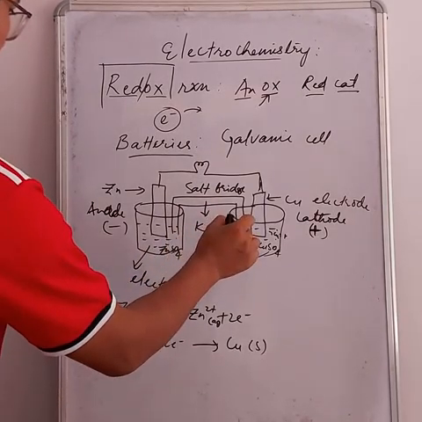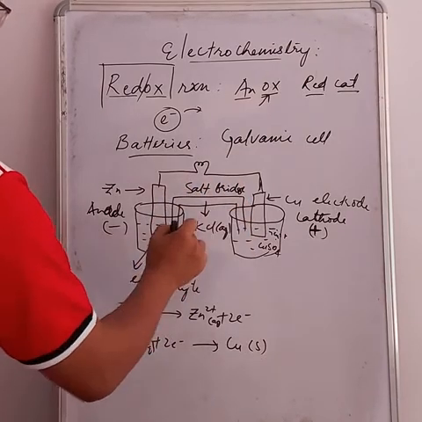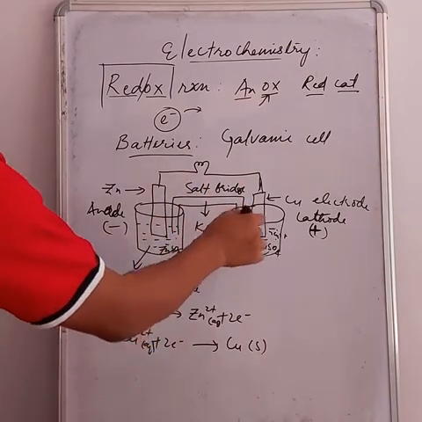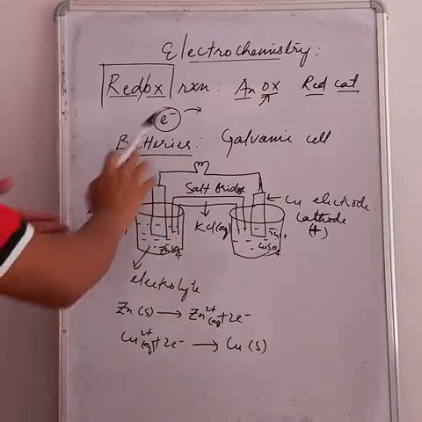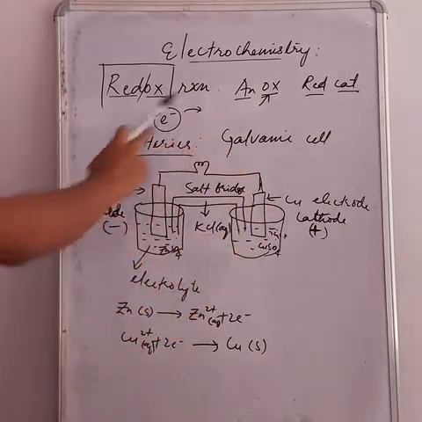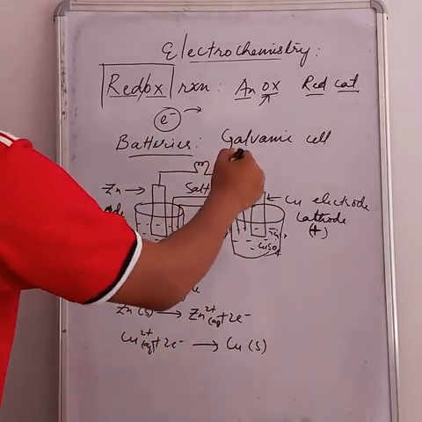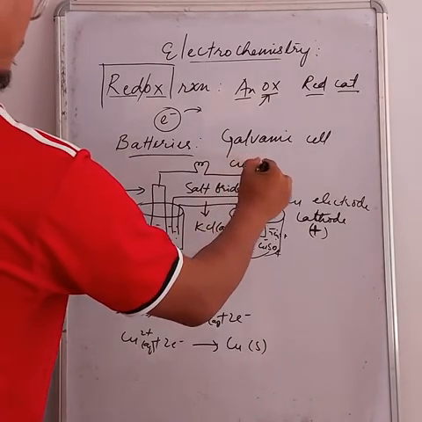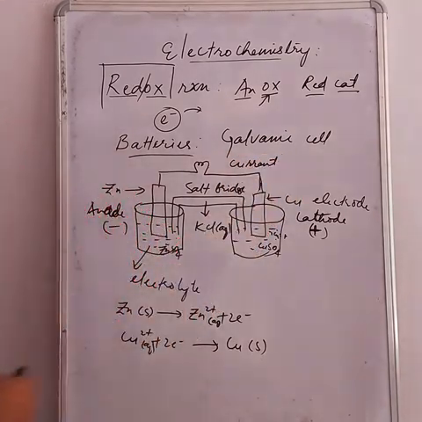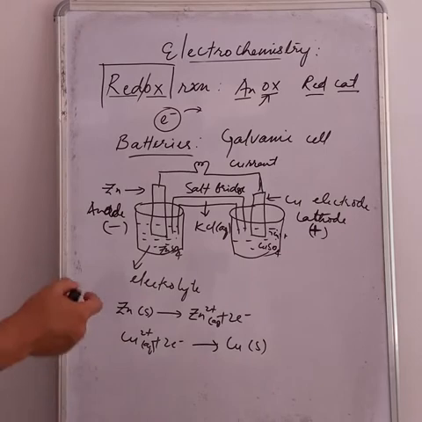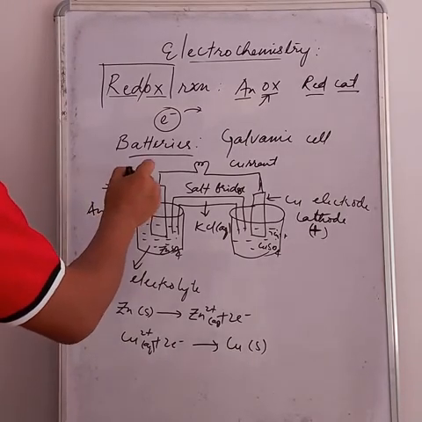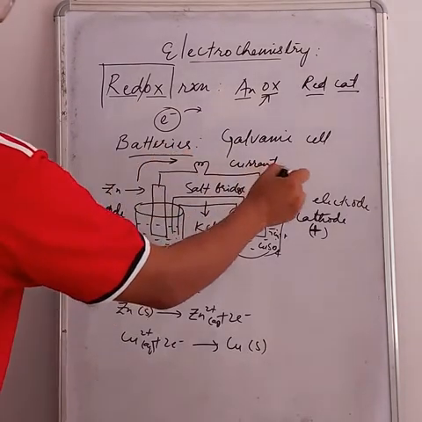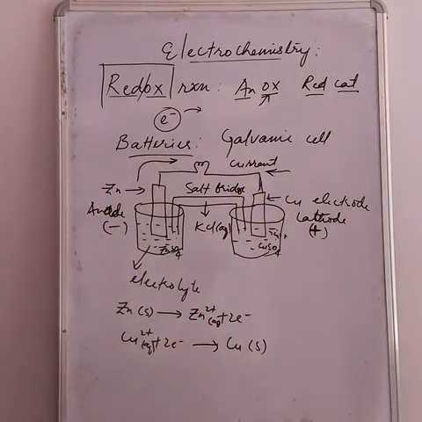This salt bridge acts as the carrier of extra charge, in order to conduct the current. As we know in a battery, the electrons flow in this direction and the current flows in the opposite direction. So this is a typical battery setup.